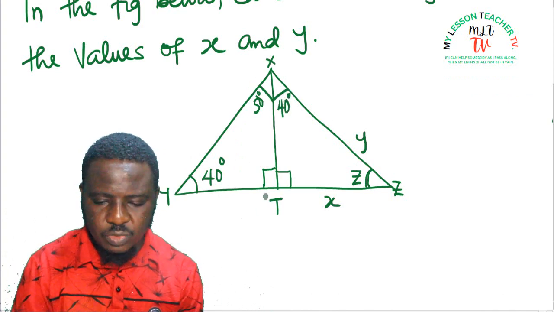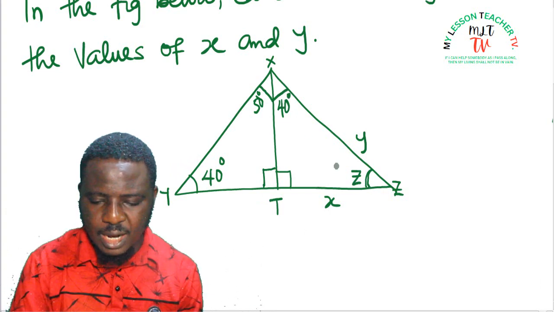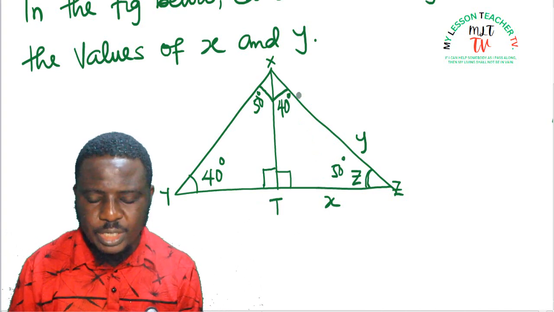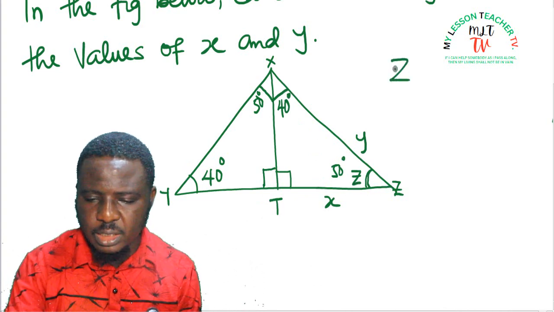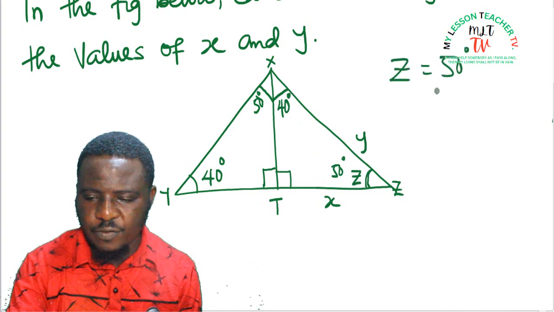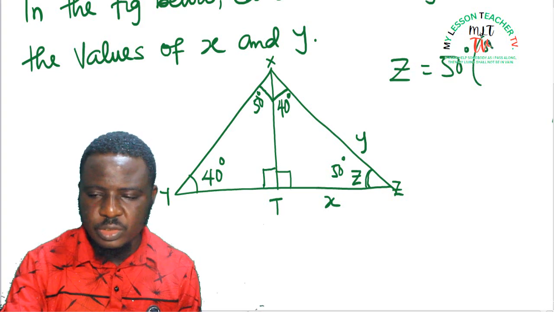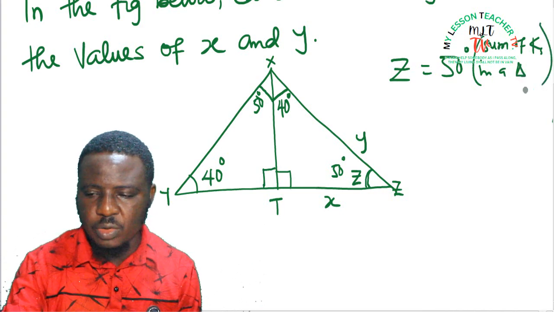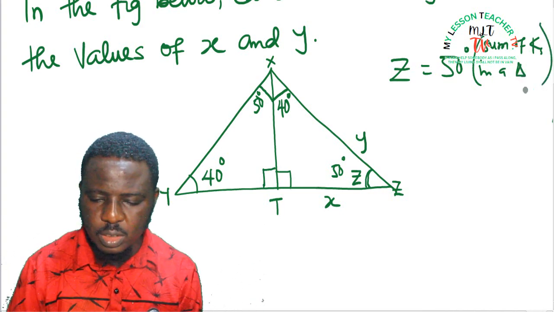And if this is 40 degrees, then automatically angle Z is 50 degrees, because the sum of angles in a right angle triangle gives us 180 degrees. So with this, we have been able to get angle Z to be equal to 50 degrees. Reason: sum of angles in a right angle triangle.